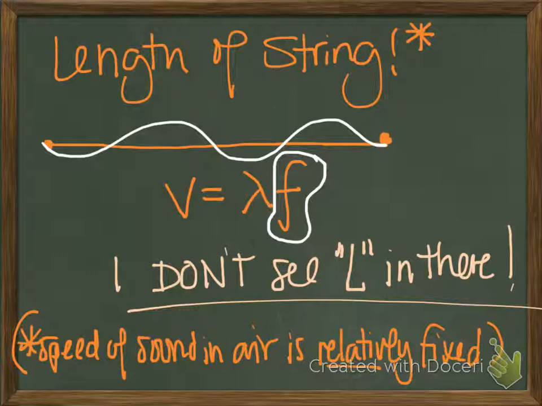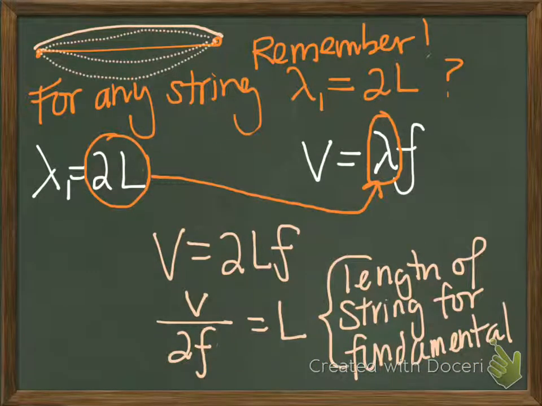Okay, where do we get our L from? Somebody said it has to do with wavelength. Remember that for any string, we can look at those first 4, 5, 10 waves possible.